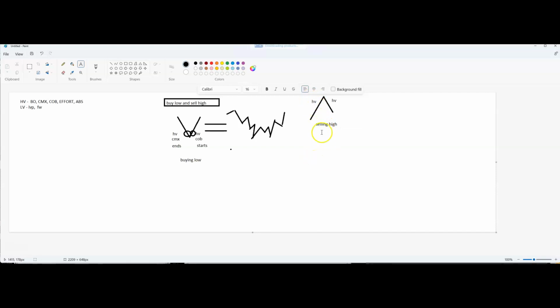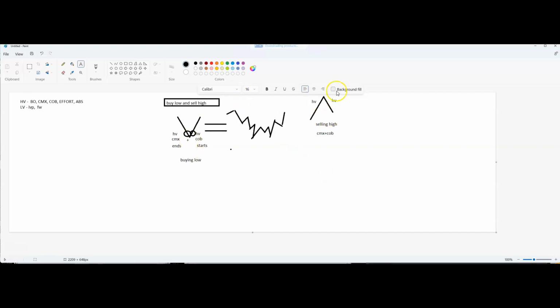And it is composed of what? Of a climax plus a change of behavior, where the climax ends the move and the change of behavior starts the move. That's how you want to get an understanding of it.